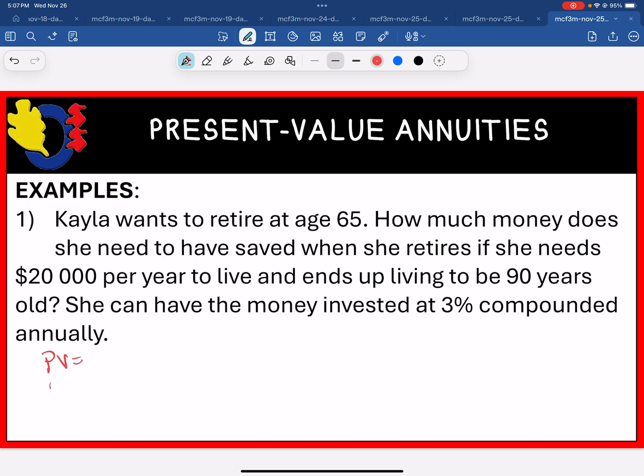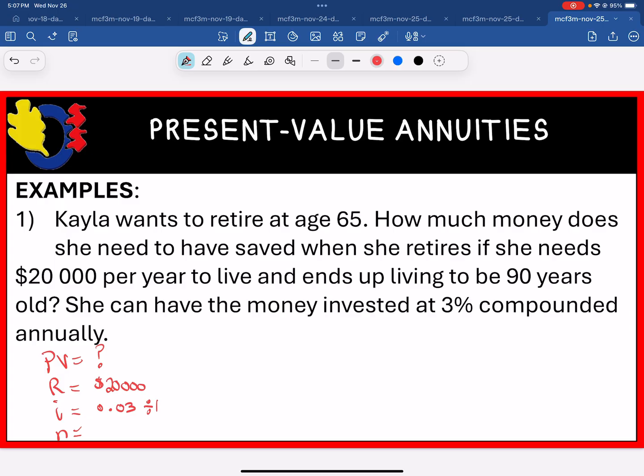So PV, R, I, and N. So the present value, that is what we're looking for. The regular payment that she wants every year is $20,000, a very modest payment. The interest rate is 0.03 compounded annually, so divided by 1 is just still 0.03, but I'll just put it in there for illustrative purposes.